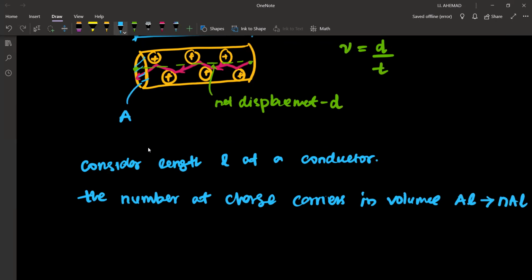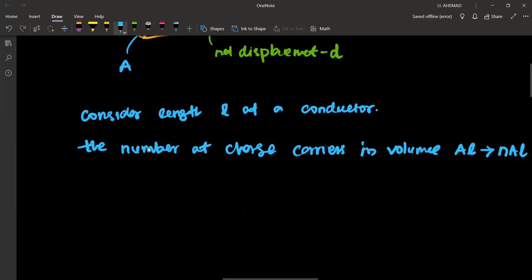How is this volume? L is length, A is area. When you multiply, you get this whole volume. What is this N? N is the number of charge carriers per unit volume. So when you multiply volume and number per unit volume, you get the number in that certain volume. So what is the charge? The charge contained in the volume.